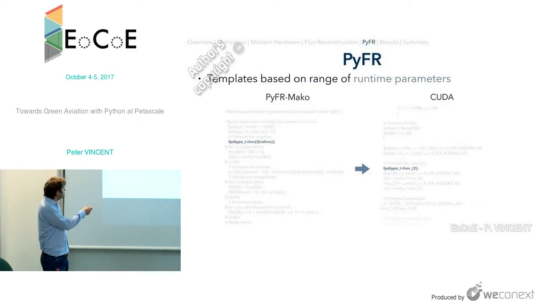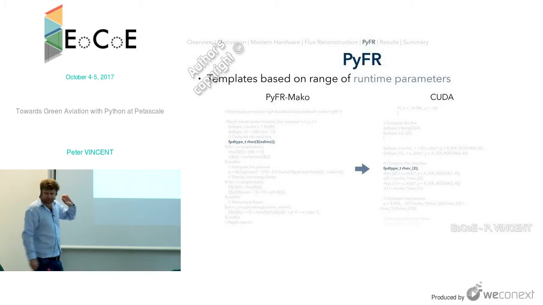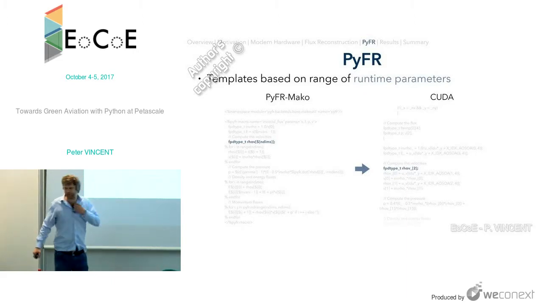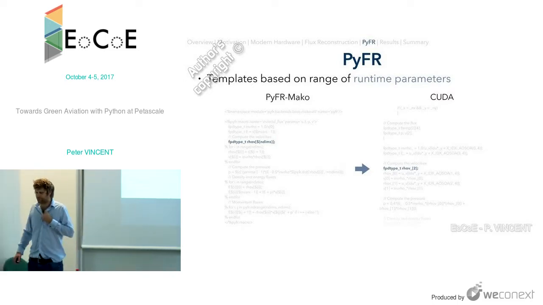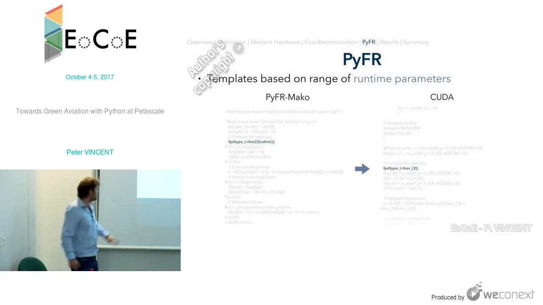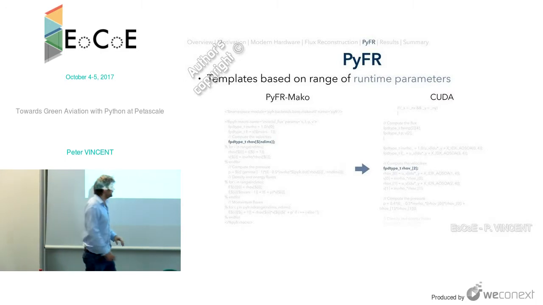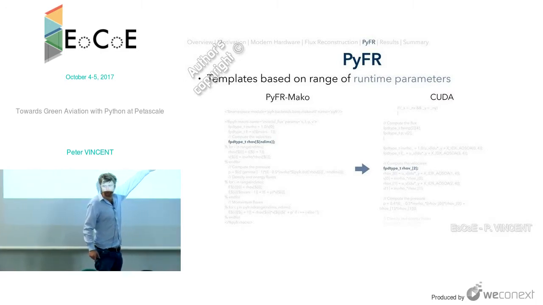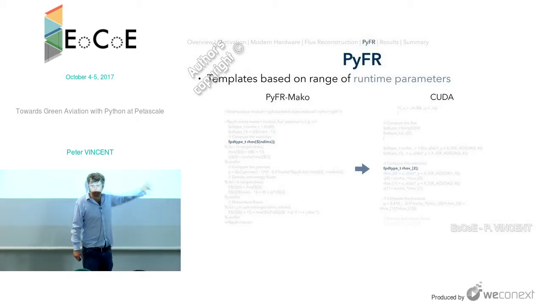We have access to, and we can template based upon, a whole bunch of runtime parameters, such as the dimensionality of the simulation, 2D or 3D. So this kernel is written generically for 2D and 3D. Here, there's a 2 there because I've generated a 2D Euler flux kernel in this case, all done contextually at runtime for the simulation you want to perform.